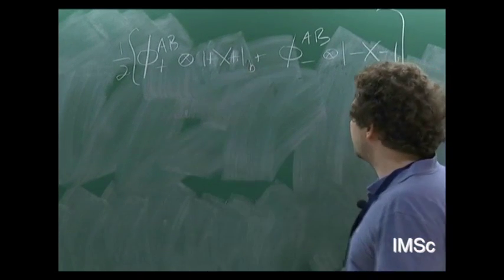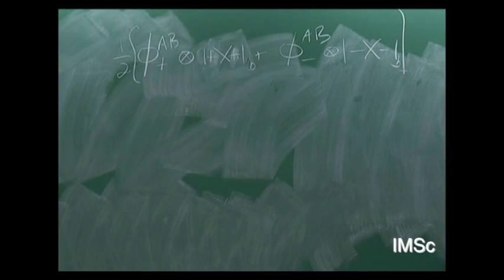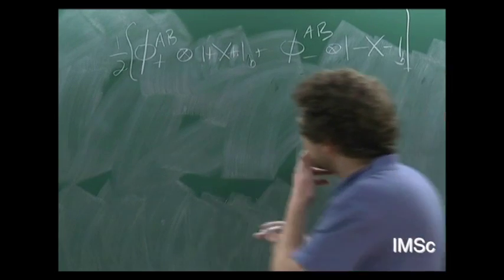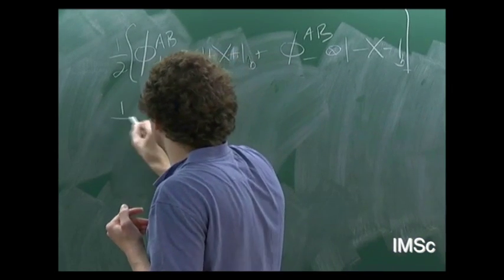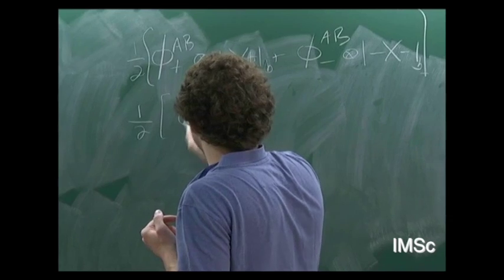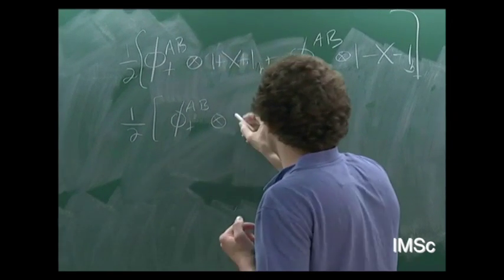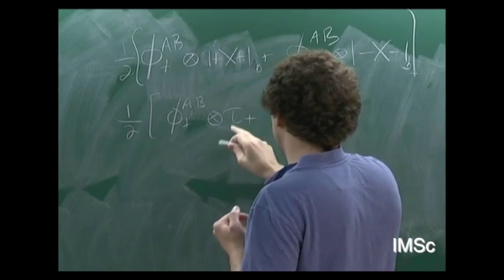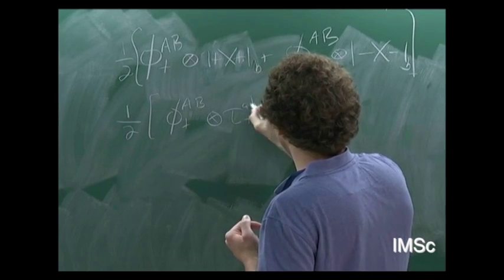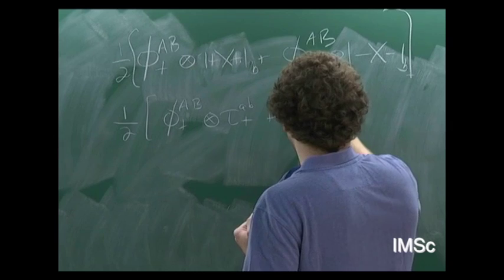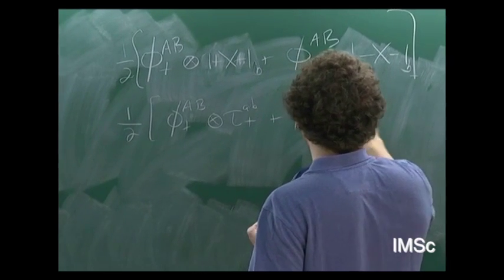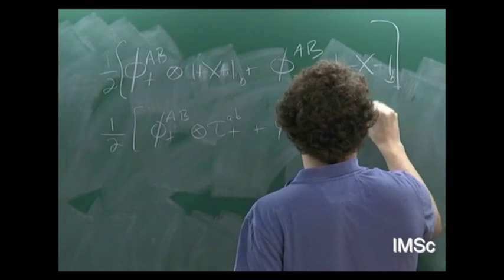In a similar way, I could have given this plus and minus state to Alice. But now I'm going to complicate the situation a bit, and this relates to what Fernando talked about. I'm going to flag these with tau plus on little a, little b, and tau minus on little a, little b.